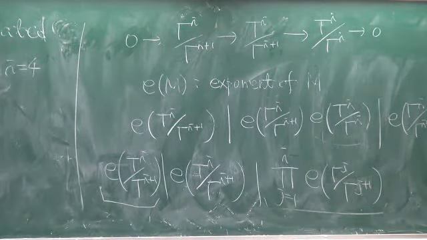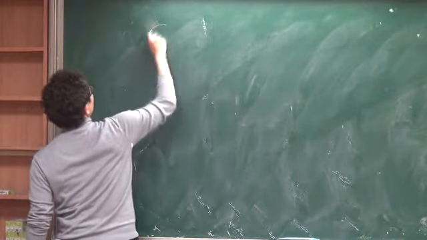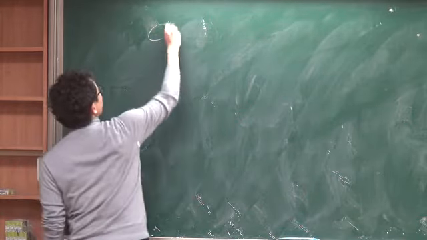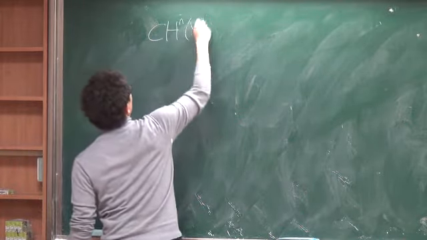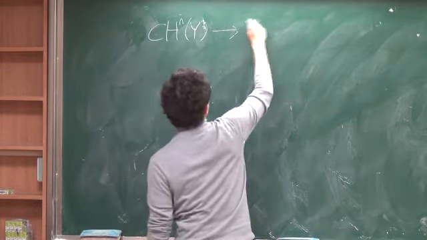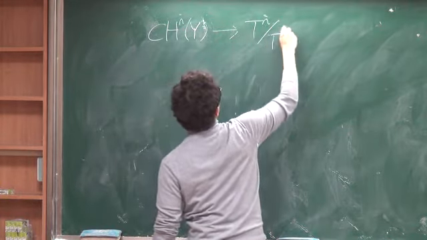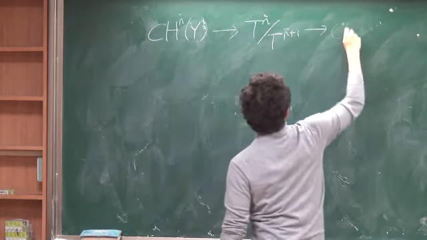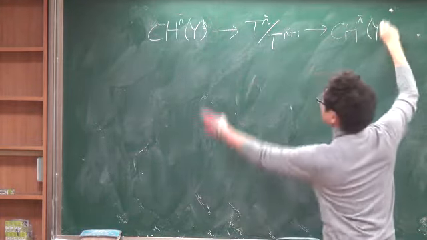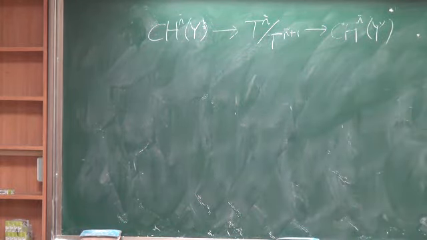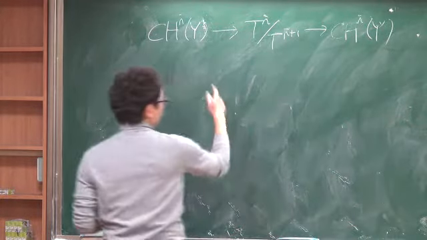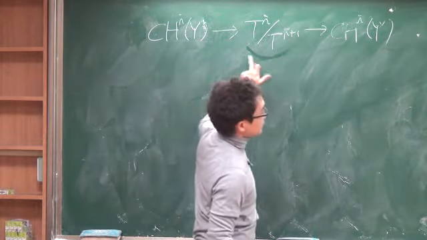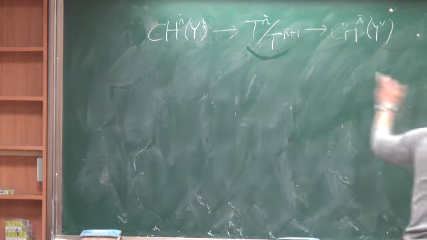Using these two, and by Riemann-Roch, for any smooth projective variety Y we have this composition, and this composition is just multiplication by (minus 1) to the i minus 1 times (i minus 1) factorial. So we have the information on the exponent of this middle one.